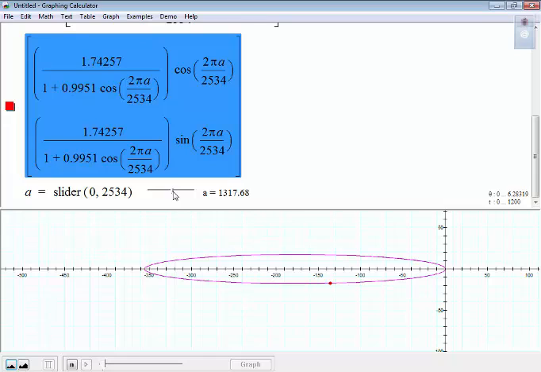So you're really just rewriting your polar coordinate equation into parametric form just by using the formula r cosine theta and r sine theta. But I want you to use the number of days that it takes for the Earth to go around the sun, right? So it's like 365.25 or something like that. But again, you can use Wolfram Alpha to figure out the exact amount of days.